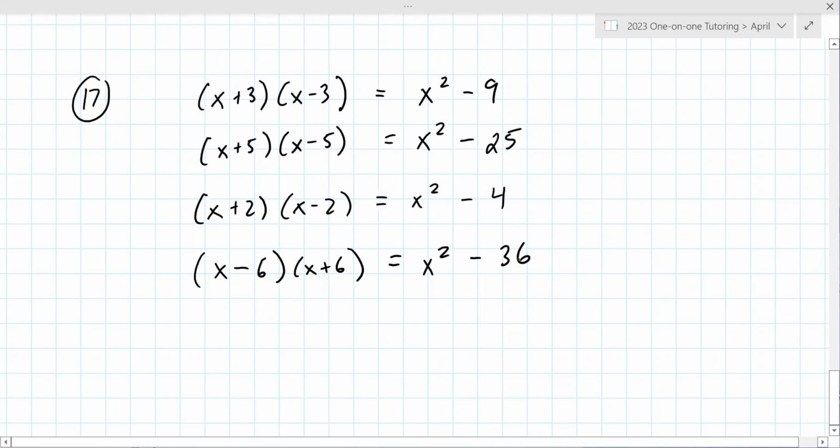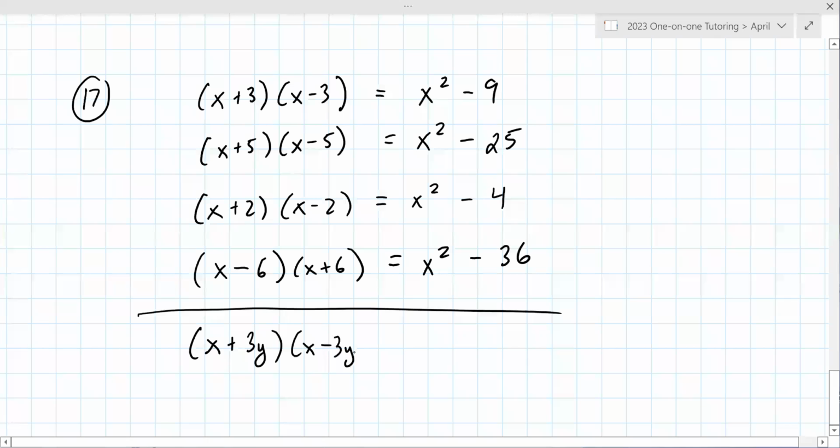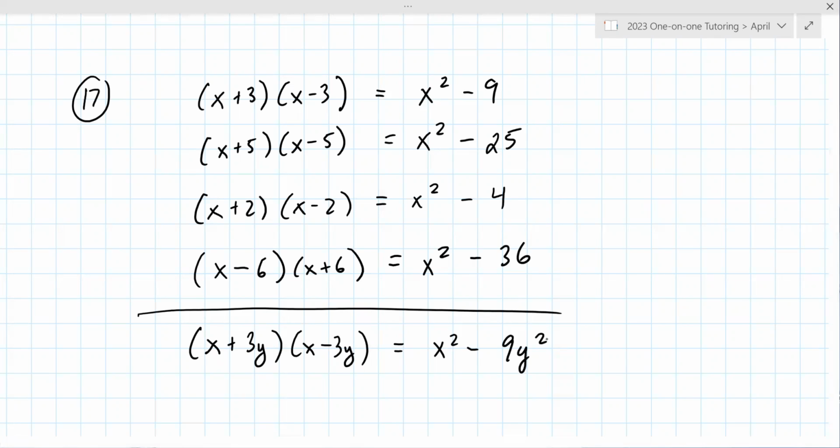Good. Now you see the pattern, I hope. Now watch this. Let's say it's X plus 3Y, X minus 3Y. I'm going to give you the answer and tell me what you think of that, whether you get it or don't get it.